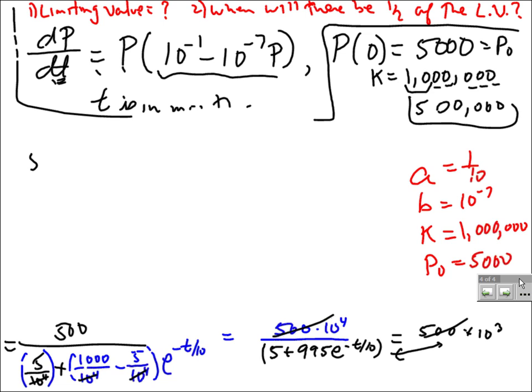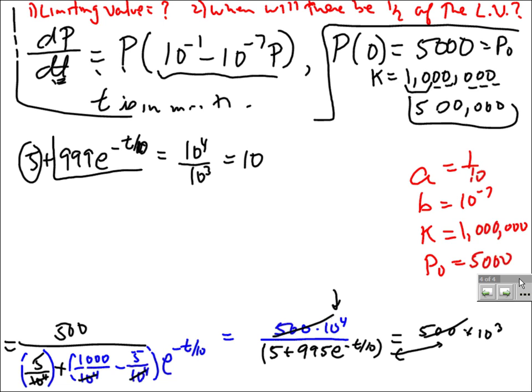I'm going to get 5 plus 999 e to the negative t over 10 is going to equal 10 to the 4th over 10 cubed, which is 10. 5 plus this unknown value is equal to 10.